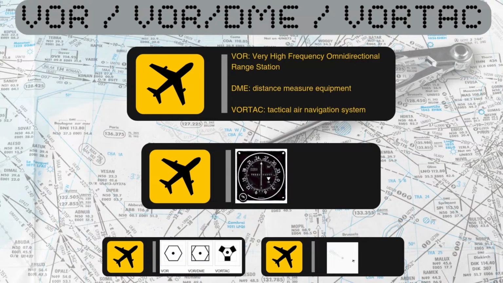Now, how to use these systems? Well, below the text, you can see the system which you can use, right? That's the compass, which shows you the direction in which you're flying and also how far you are from that VOR, if you're flying to it or away from it.